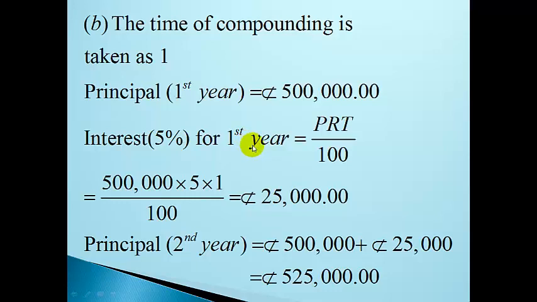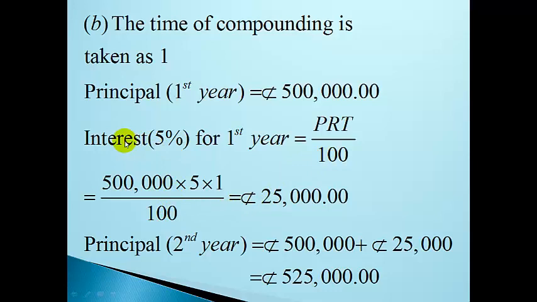And we know that the interest is equal to P times R times T divided by 100. P equals 500,000, R equals 5%, and T equals 1. Take note that the time of compounding is taken as 1.